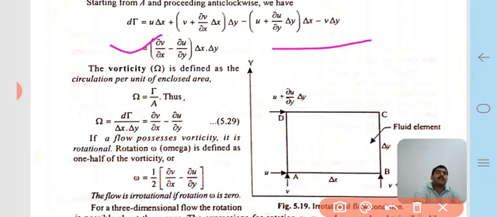Now the vorticity is defined as the circulation per unit enclosed area.